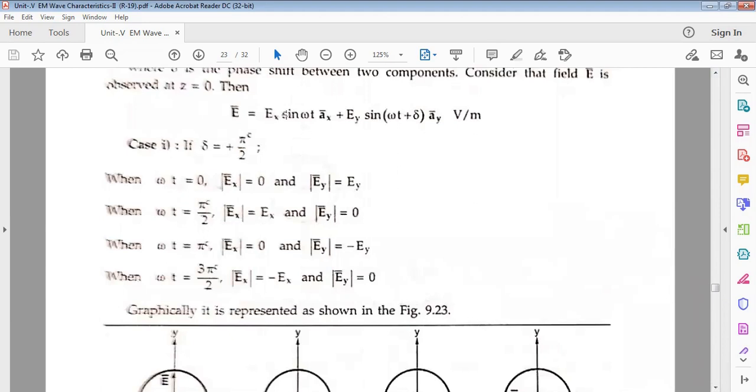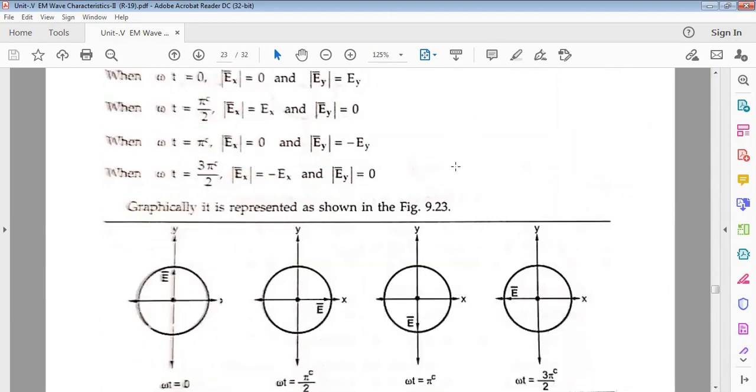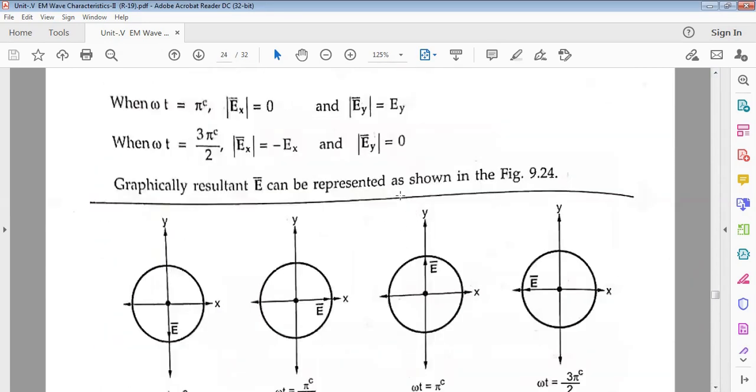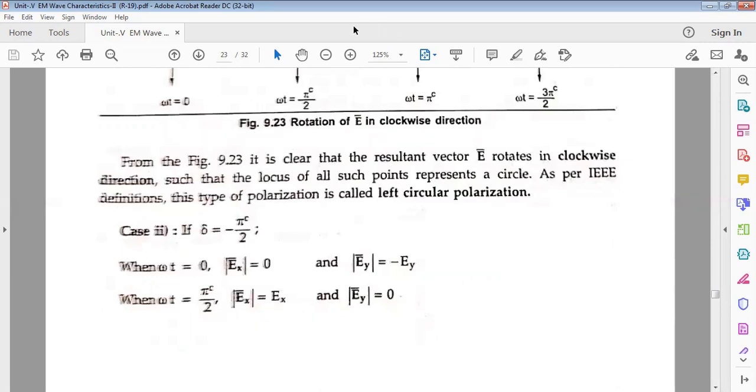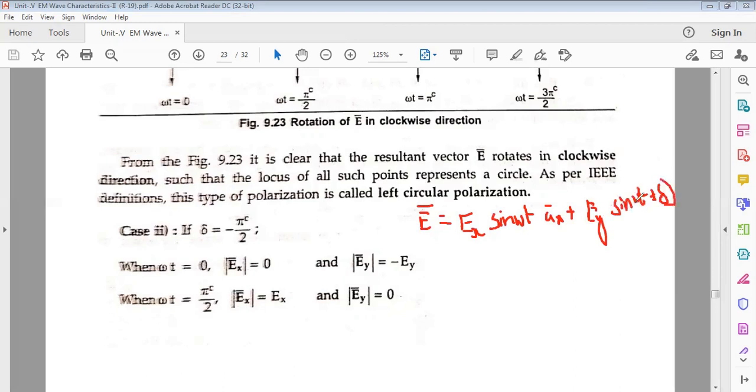E bar is equal to Ex sine omega t ax bar plus Ey into sine omega t plus delta into ay bar.